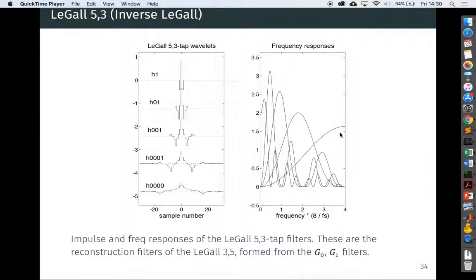Anyway, so this is the Legall filter when we swap the things around, and the shape is slightly different. As you can see now, the mother wavelet has kind of a funny shape going on, with 1, 2, 3, 4, 5 points on here, and this is the frequency response for those.